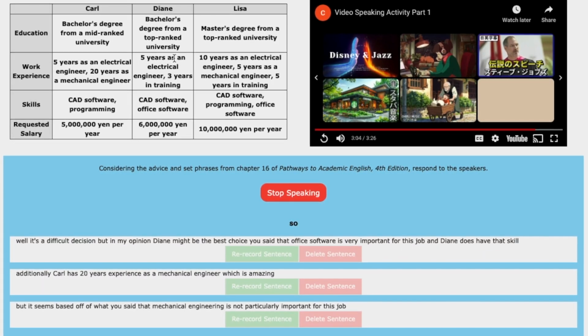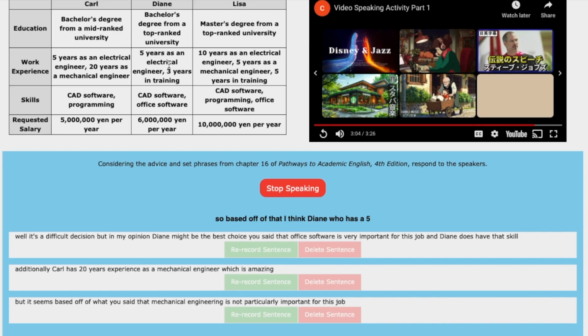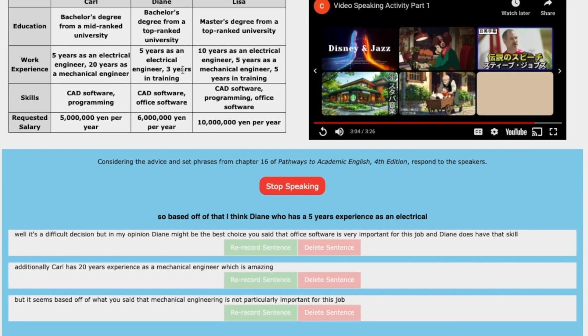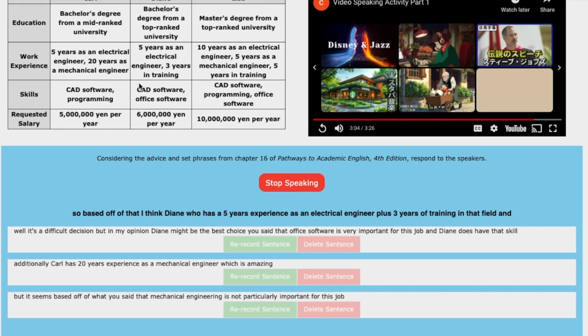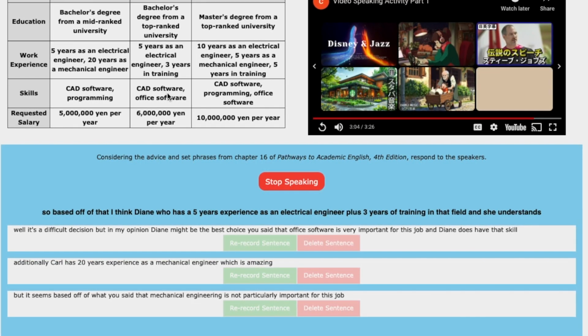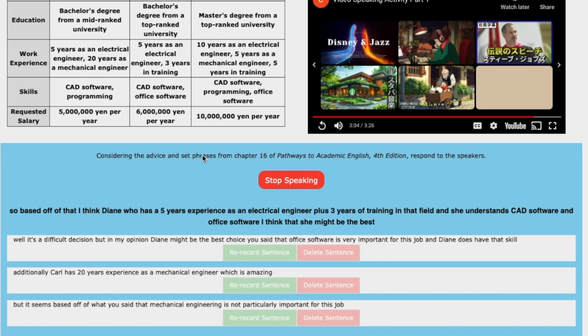So, based off of that, I think Diane, who has 5 years experience as an electrical engineer, plus 3 years of training in that field, and she understands CAD software and Office software, I think that she might be the best candidate for us.